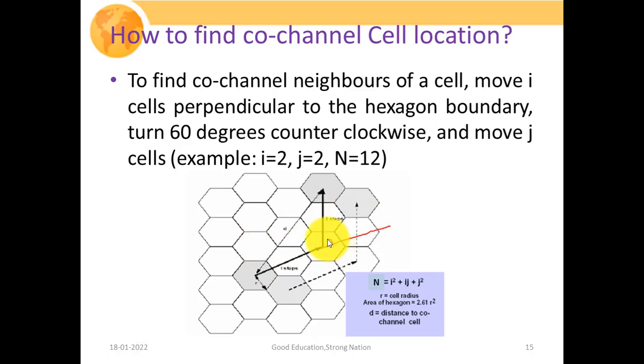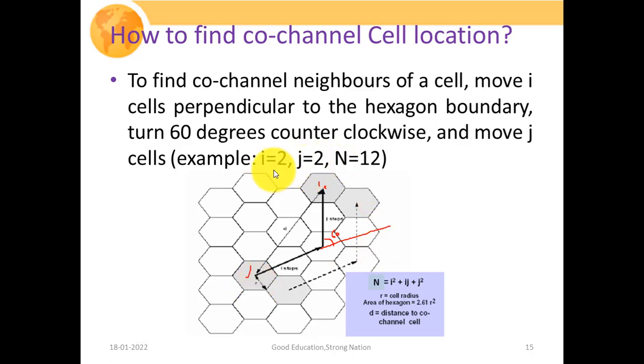So this angle is nothing but your 60 degrees. We move 2 cells, that is 1 and 2, over your V axis, and we land at this particular cell. So this cell and this cell are going to be your co-channel cells, or in these two cells we are going to apply the same frequencies for communication or transmission.